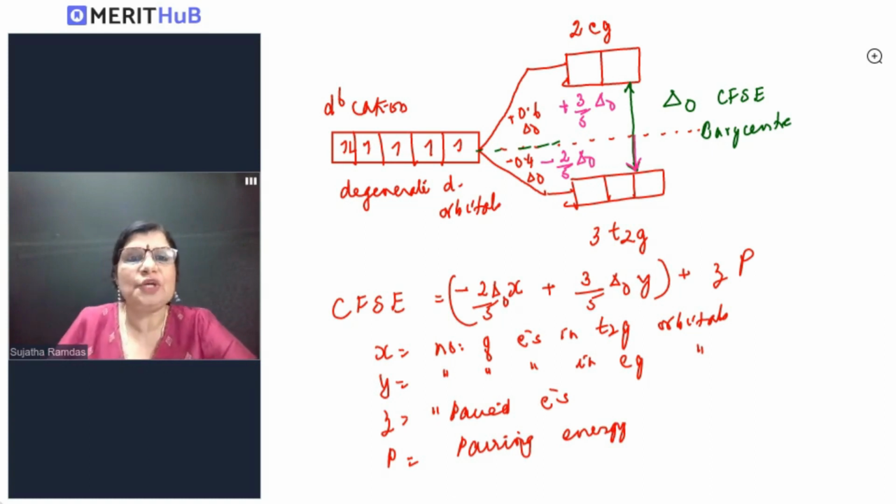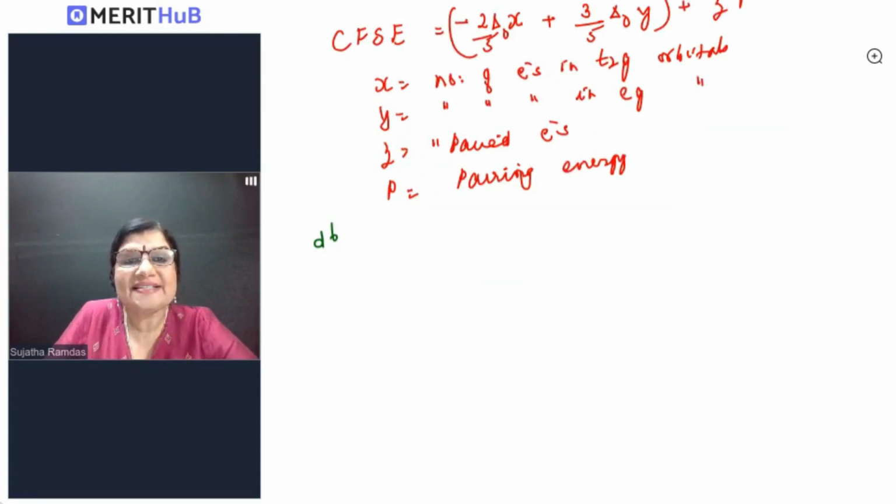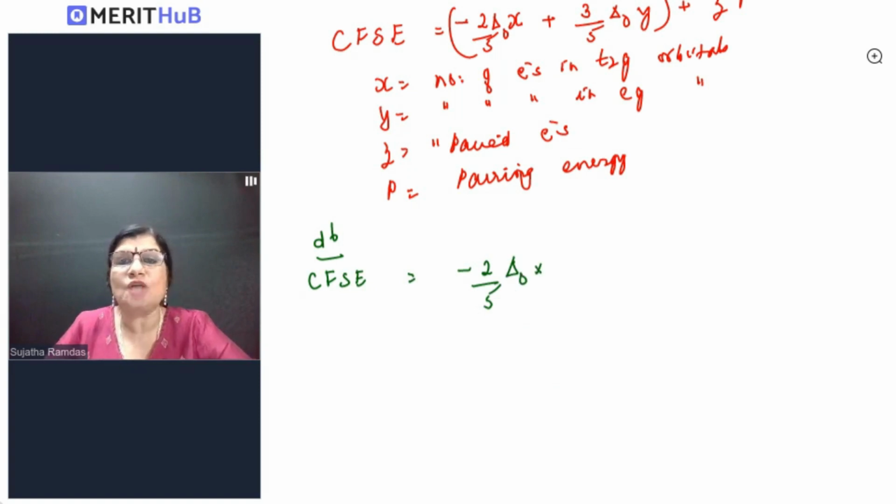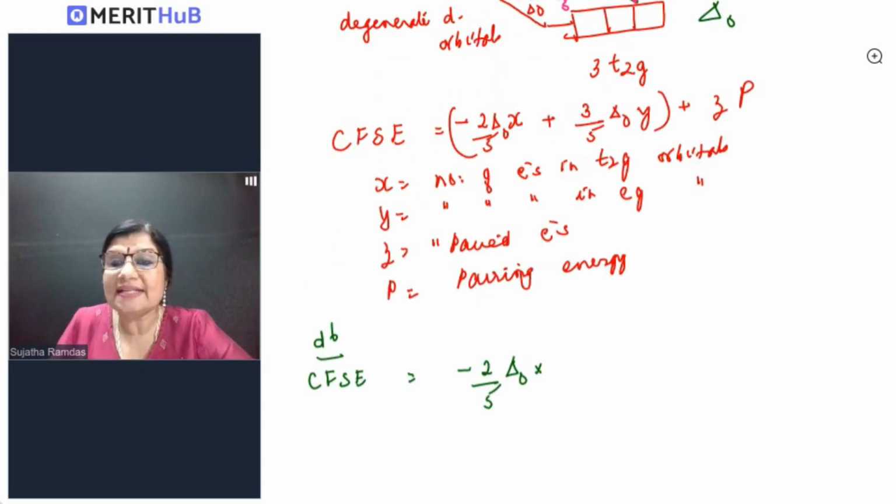Now let's substitute for a d6 cation. For a d6 cation, the CFSE equals minus 2 by 5 delta O times the number of electrons in the t2g orbitals. Let's distribute. Because it's a low spin complex, delta O is greater than the pairing energy.